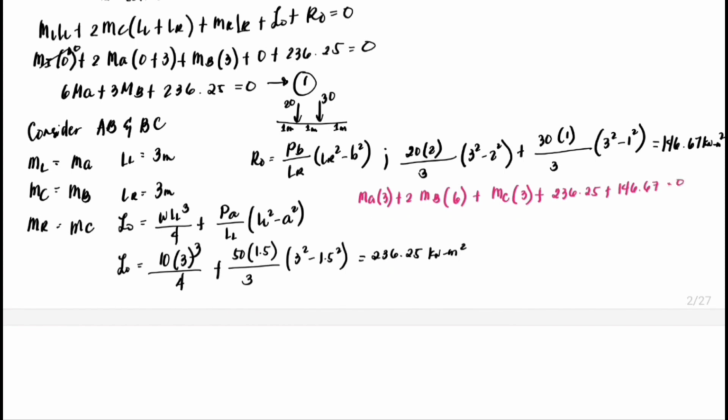So, simplify natin, we have 3MA plus 12MB plus 3MC plus 236.25 plus 146.67 is equal to 382.92.